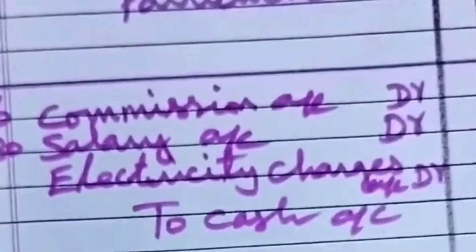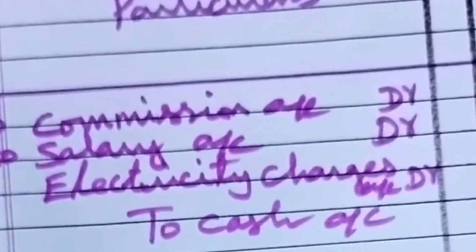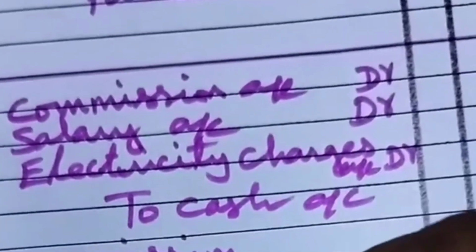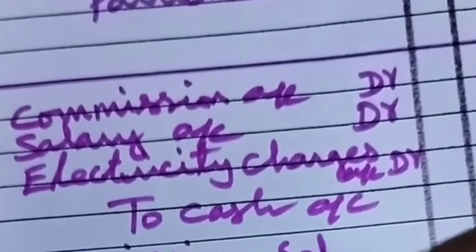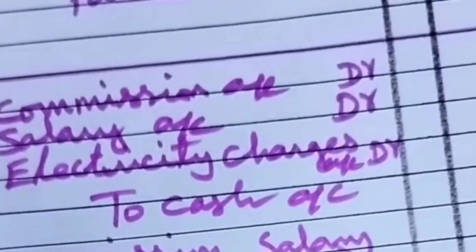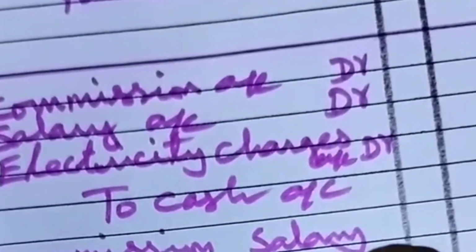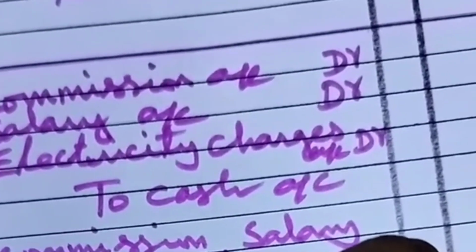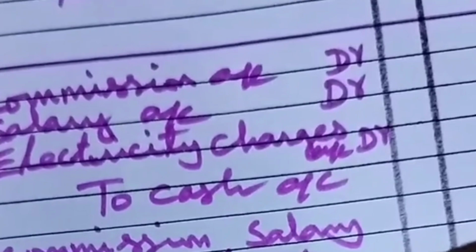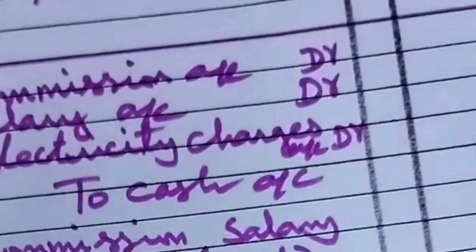Narration, commission, salary and EB bill paid. EB bill means that is electricity bill paid.